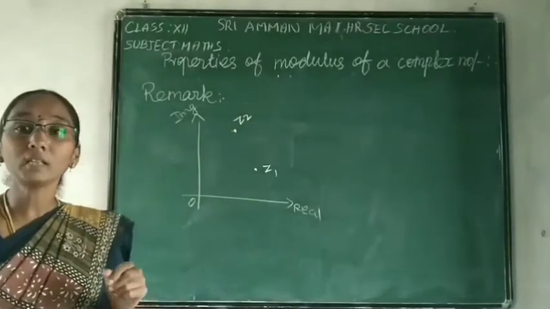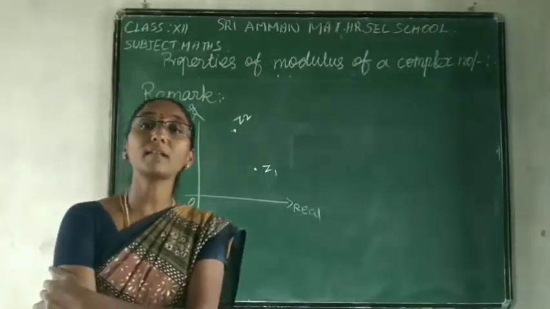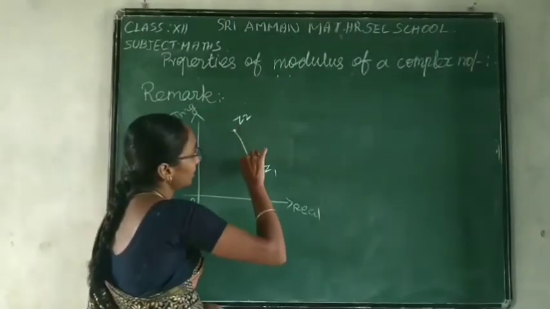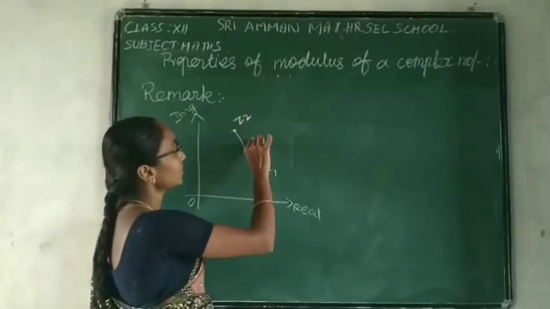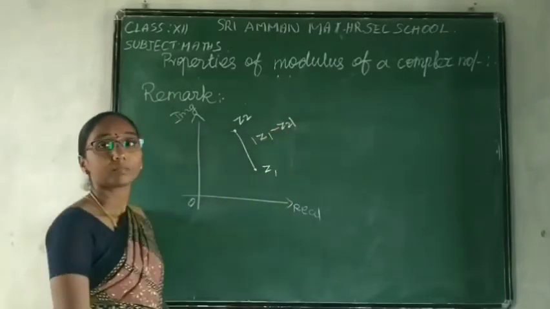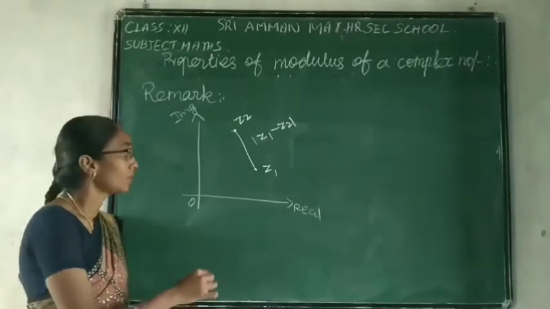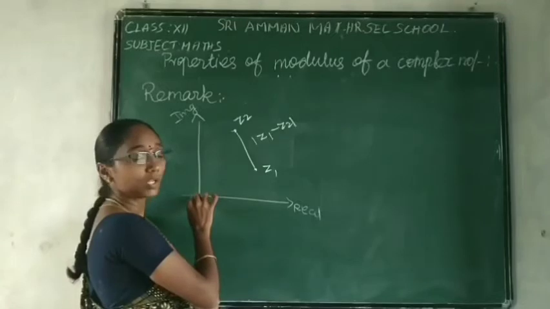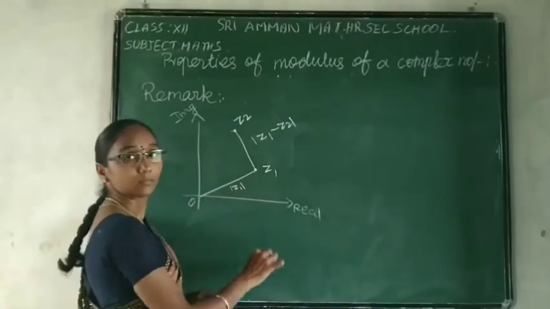The length or distance between these two complex numbers Z1 and Z2 is denoted by the modulus of Z1 minus Z2. The length from the origin to Z1 is the modulus of Z1.